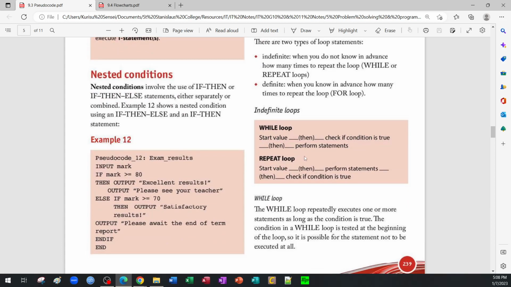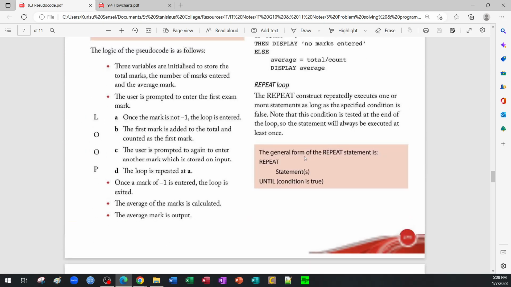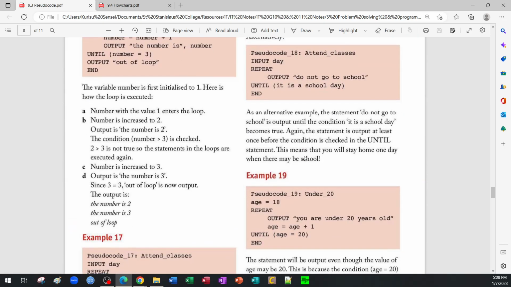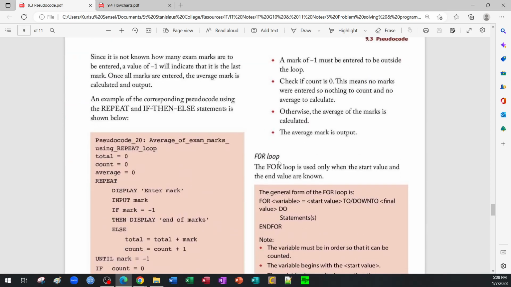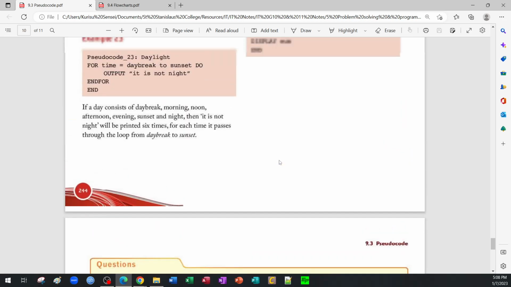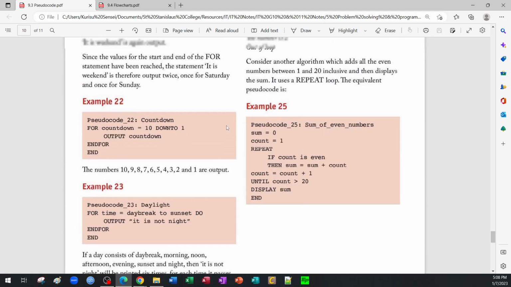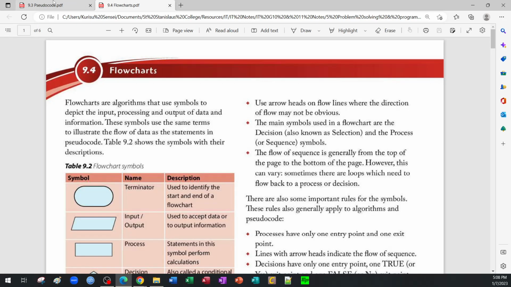There are 4 key differences that you need to remember, because that could be a question in your exam. And then the final loop is the for loop and how that worked. So all of that we covered in that class there. So any questions before we start the new chapter?